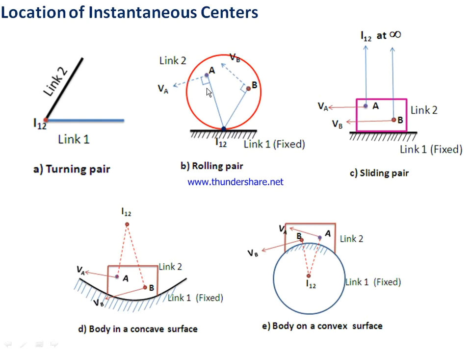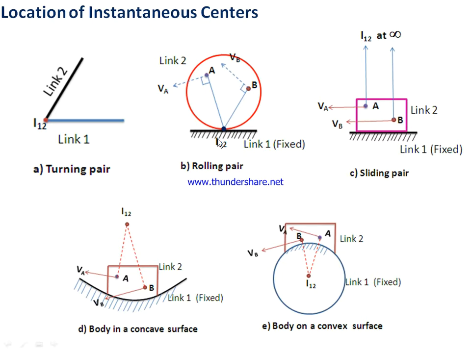Now draw the perpendiculars from point A and point B, perpendicular to the velocity vectors. This is the perpendicular to velocity vector VA and this is the perpendicular to velocity vector VB, and these two will intersect here, at the point of contact between the roller, or even a ball, and the fixed link.